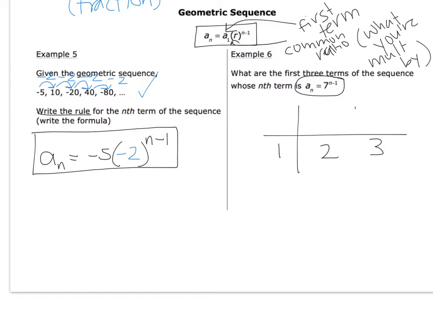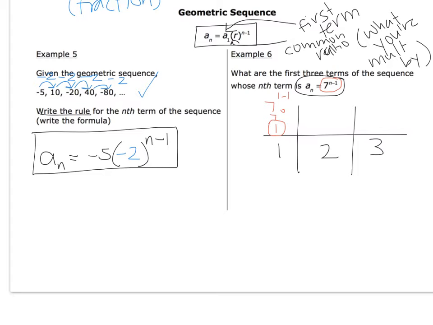Let's figure out what these terms are. If it's the first term, then the n value is 1. So I'm going to plug 1 for n. So 7 to the power of 1 minus 1. That's 7 to the power of 0, and 7 to the power of 0 is just 1. So that's my first term.